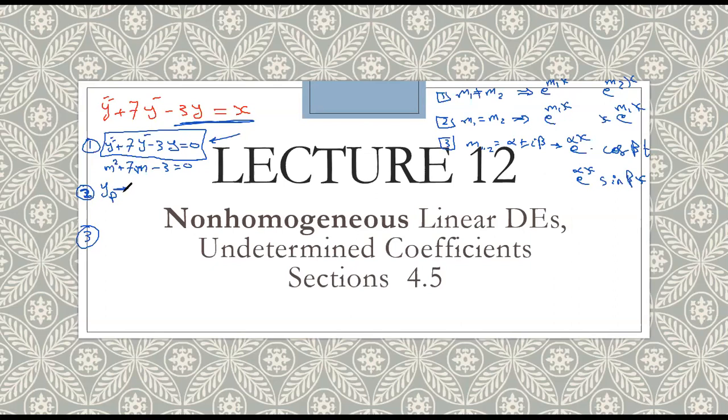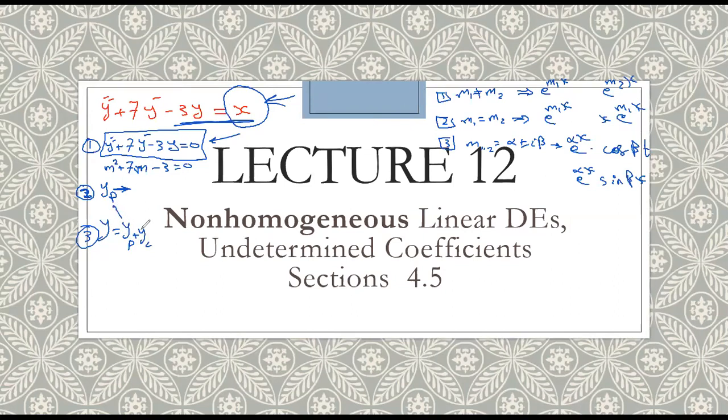And this yp depends on my right-hand side. In today's lecture, we are going to learn how to find yp in specific cases depending on g(x), my right-hand side. And the third step, the general solution for the non-homogeneous equation is given to be yp plus yc.